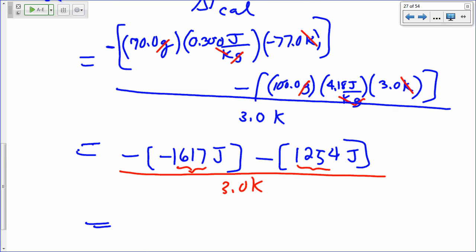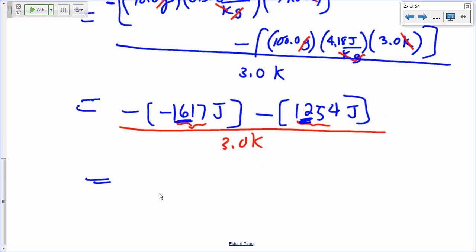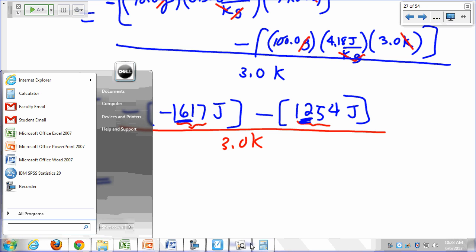Okay, let's look at our sig figs. This should have 3 sig figs, right? And this one should only have 2 sig figs. But we'll keep those extra numbers just for safety. You don't want to build up round-off errors. So what do you get? 1617.